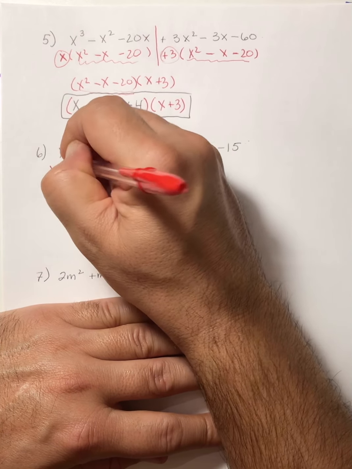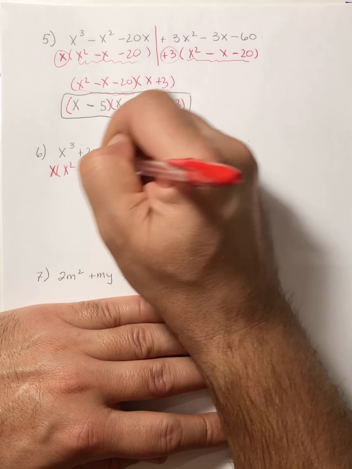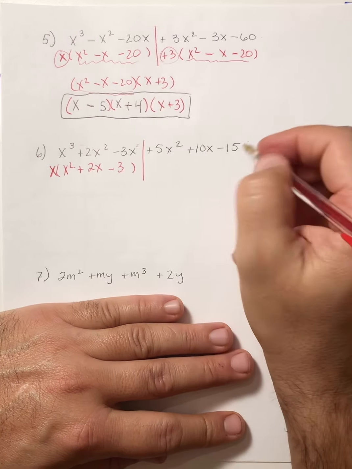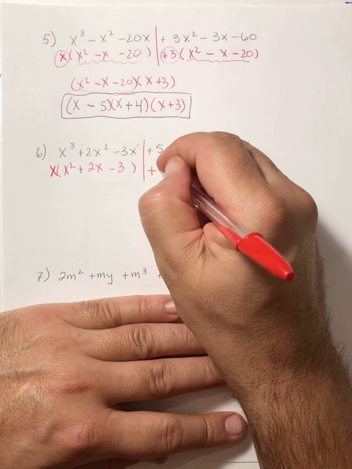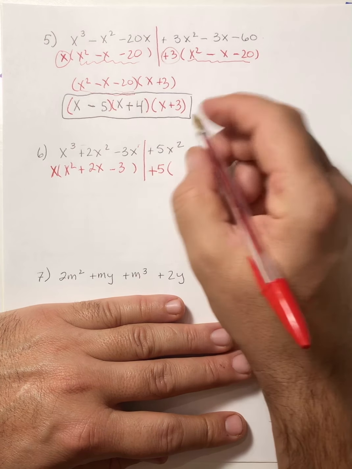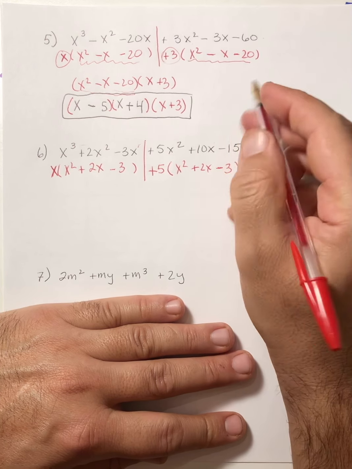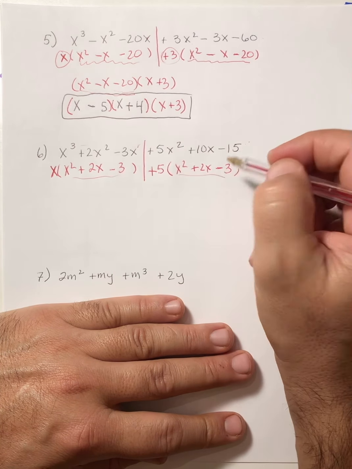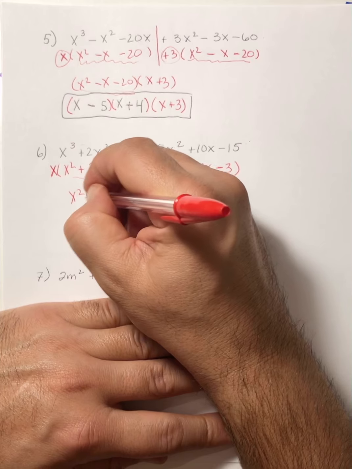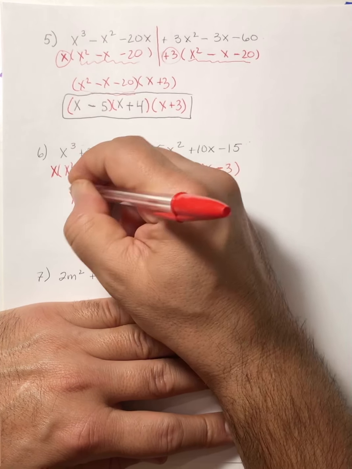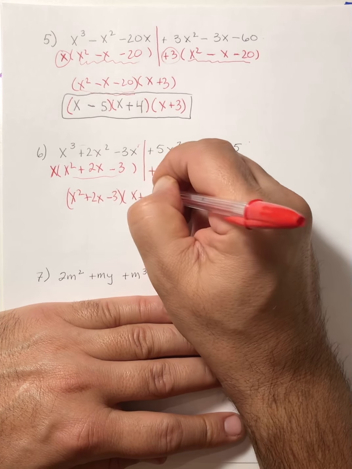So I have x squared plus 2x minus 3. And what's the GCF here? That's right, plus 5. So I have x squared plus 2x minus 3. Again, aren't those exactly the same? Yeah. So we have x squared plus 2x minus 3, and then we have x plus 5.